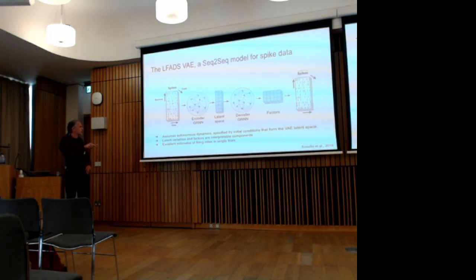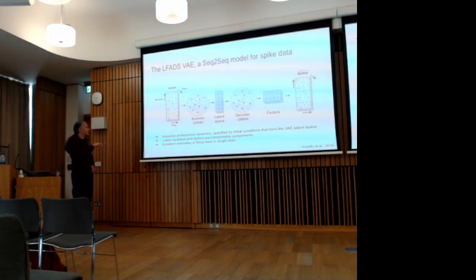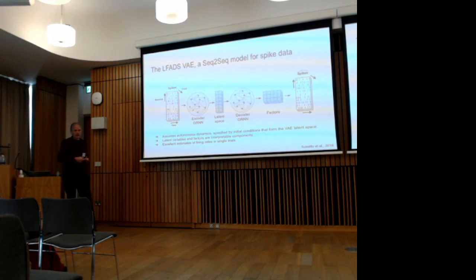On the encoder side, we take our data, which for spike trains might be spikes and neurons, and we might do this over many trials, but in principle one could also cut any kind of neural recording into segments and present this to the model.